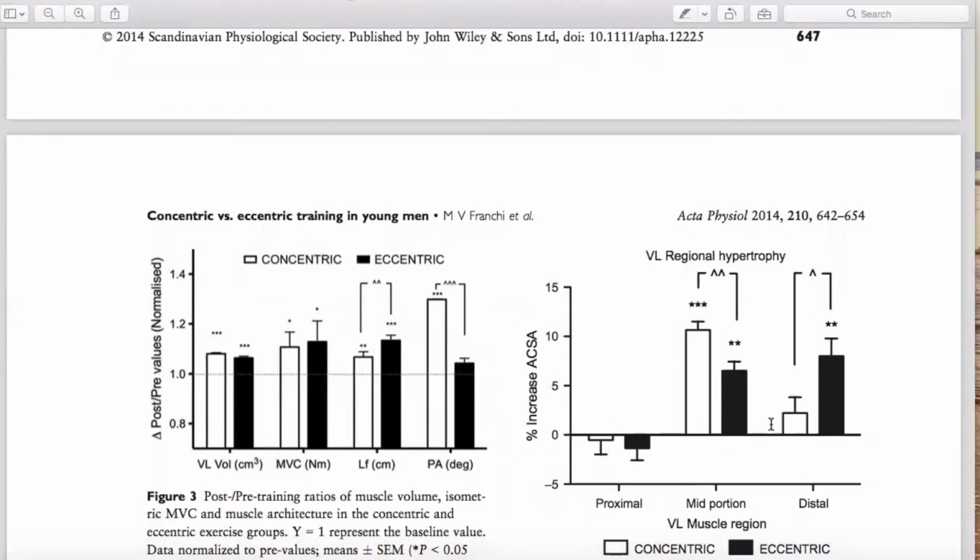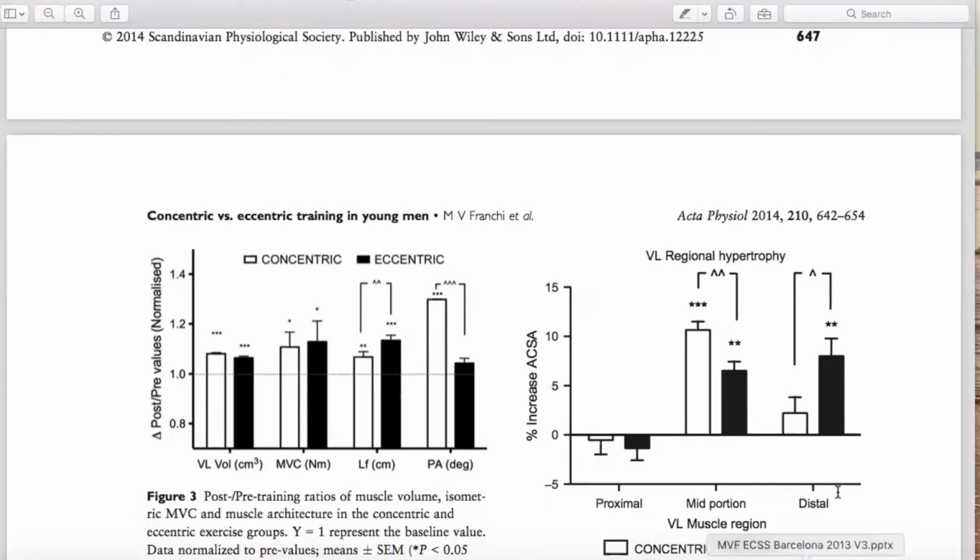When I analyzed a series of consecutive cross-sectional areas at different parts of the muscle, which I called proximal, mid portion, and distal part, at, if I remember correctly, 20%, 50%, and 70% of the vastus lateralis length, I took a mean of 5 cross-sectional areas per region and checked if the increase in cross-sectional area was different between the two groups.